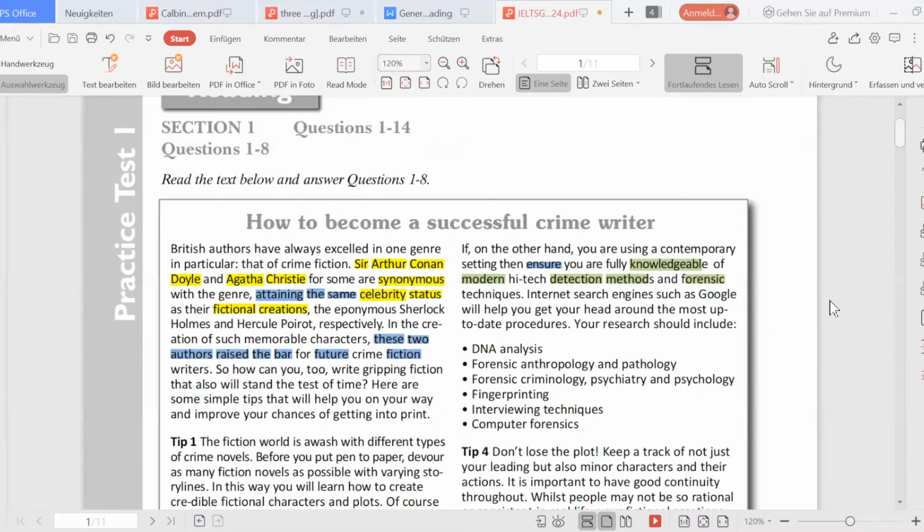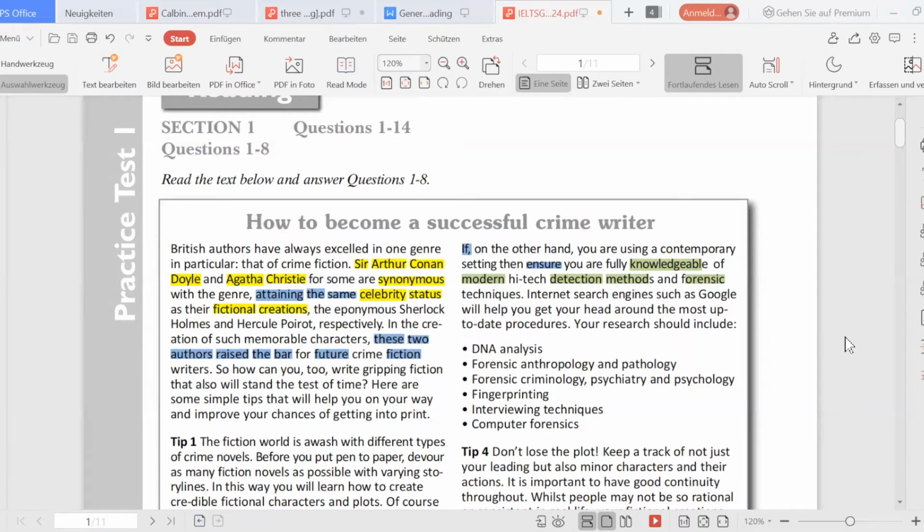The may is actually expressed with the if sentence here. You may need some knowledge of the detection methods, and the sentence starts with "if you're using a contemporary setting." In this case, that is where you need it. So the may expresses cases where it is possible or you have to use something, and it's expressed with the word if.